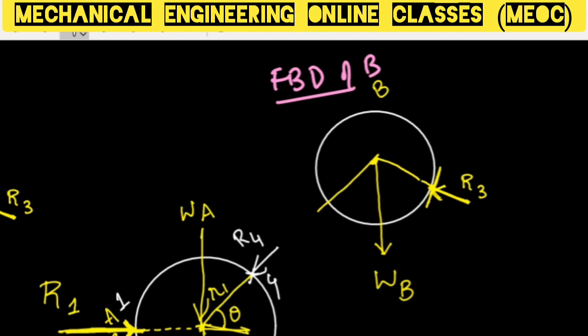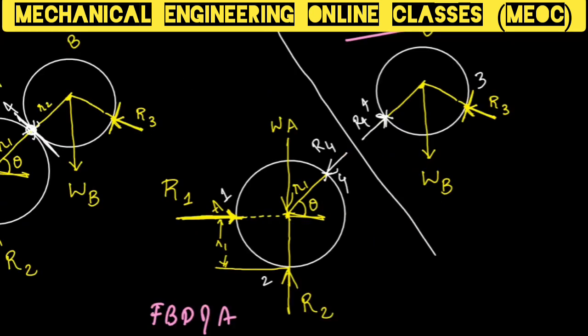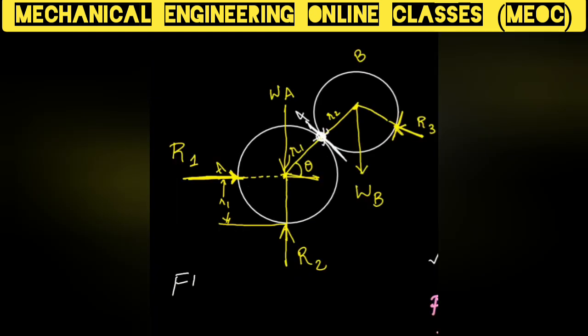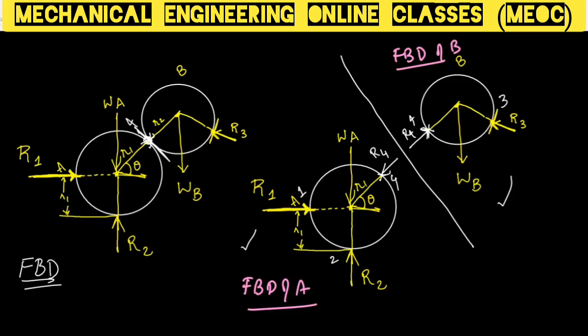One is this point 3 and the other is this particular point, which is 4, where cylinder A was in touch with it. So R4 will be this one. So this is the FBD of B, this is the FBD of A, and this is the overall combined FBD for the two cylinders.